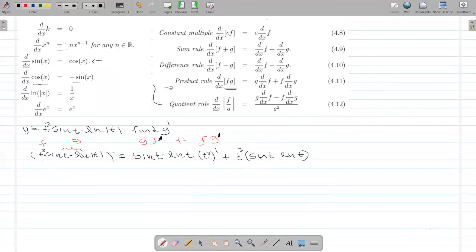Now I come to the next line. Here, this is sitting here just sine of t, and derivative of this I bring down to 3t squared, plus t cube dash.